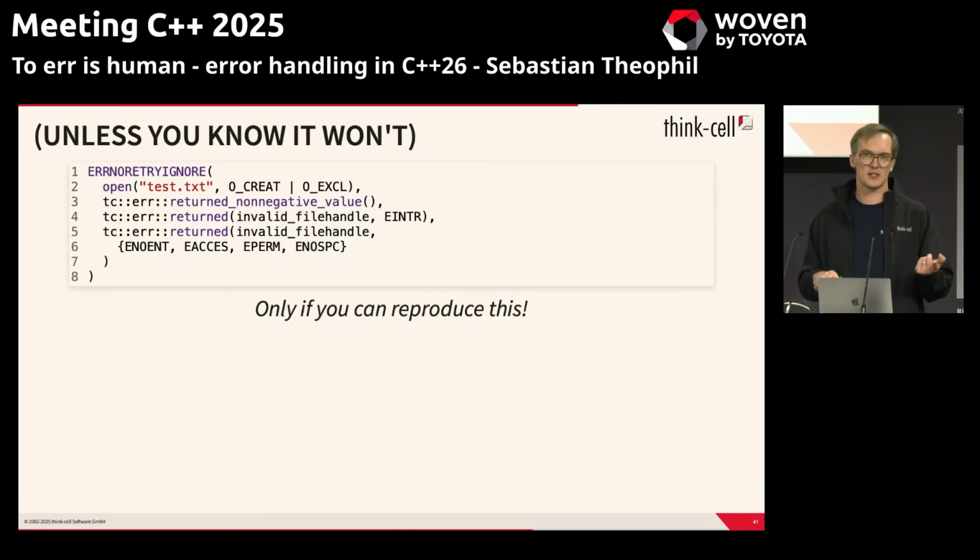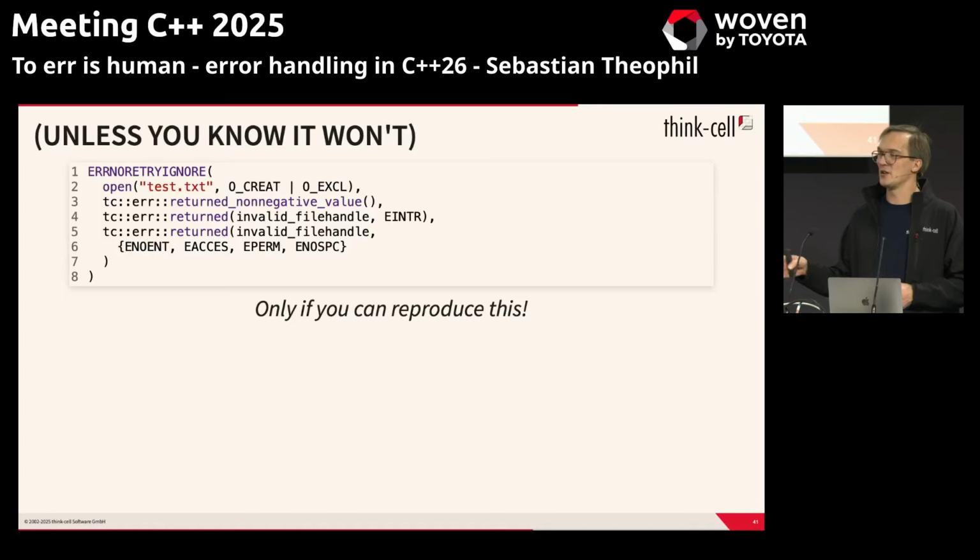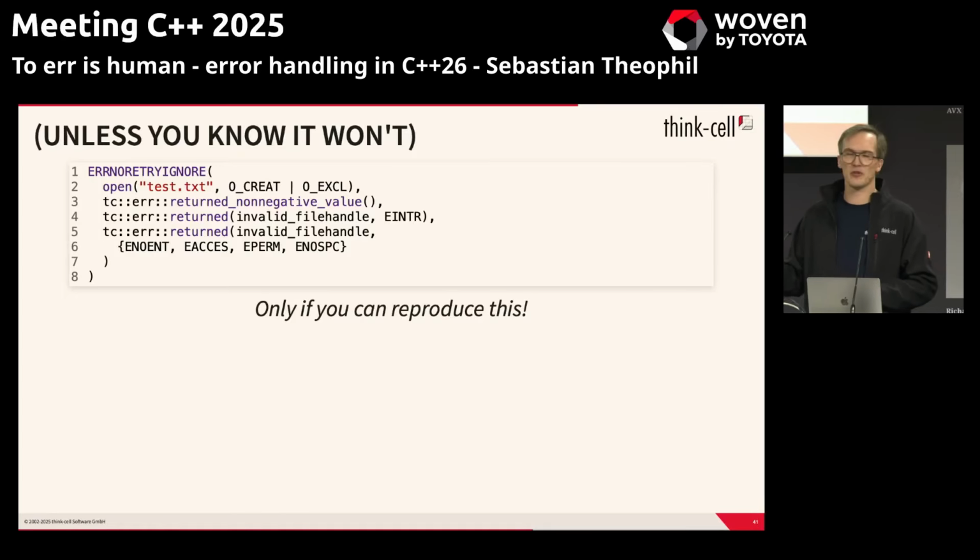The file doesn't exist because somebody deleted it. I don't have access rights to it because the administrator took it away from me, or the disk is full if I'm writing. So these are things I must handle. These are not exceptional. These are just expected behaviors. But everything else is considered an error that never happens.